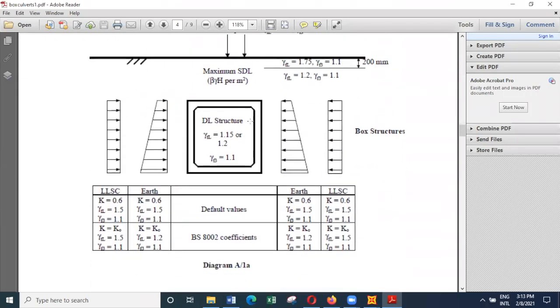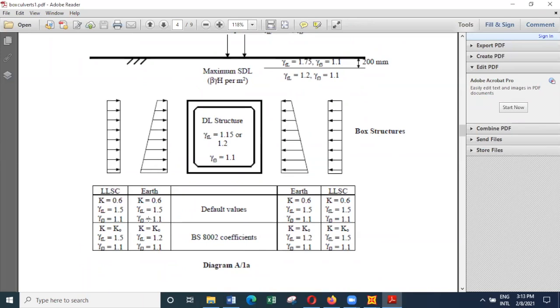And in addition to that, we can get earth pressure acting on it. For the earth pressure calculation, we use K as 0.6, considering that earth is at rest, and gamma FL, that is the load factor, is 1.5. Gamma F3 is 1.1.